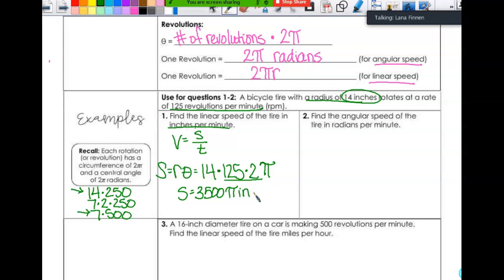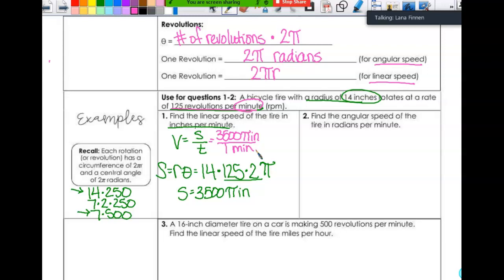Now I'm not finished because I need the velocity, but my velocity is S over T, that is S. So this is 3,500 pi inches. The time, the way you determine the units for your time at the beginning is whatever your revolutions are in. This is revolutions per minute, so this is for 1 minute.